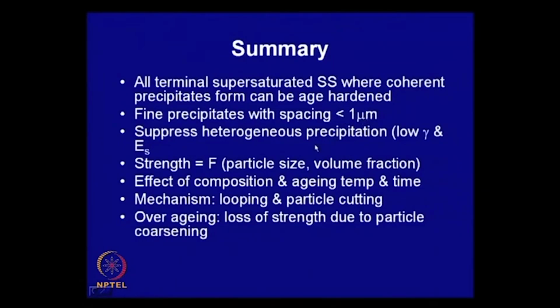To get good precipitation hardening, you have to suppress heterogeneous precipitation, which is possible when gamma is low and there is some amount of coherency strain, and the strength is a function of particle size and volume fraction. We looked at the effect of composition, aging temperature and time on the process of hardening. We looked at the mechanism of hardening, that is dislocation looping and particle cutting. We also looked at overaging, which leads to loss of strength due to particle coarsening.